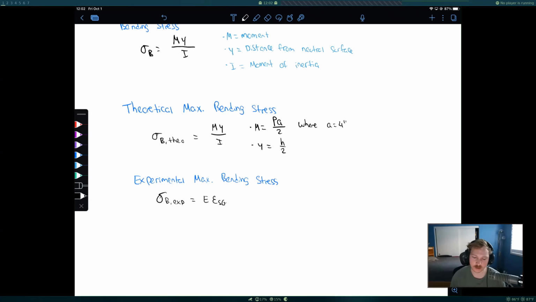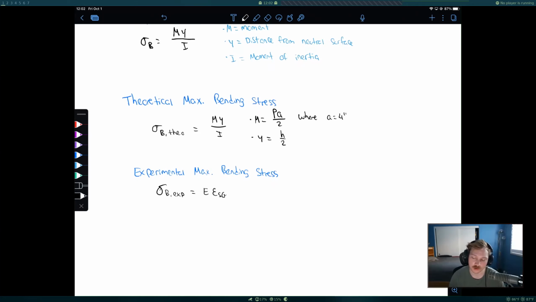That's going to be equal to the elastic modulus for the material, 1018 steel. So you can just look at the published value for that. I think I'm posting it this time on the deliverables. And then the strain gauge reading, that's in units of microstrain. So we're taking that, multiplying them, and then we can get our experimental bending stress that way.